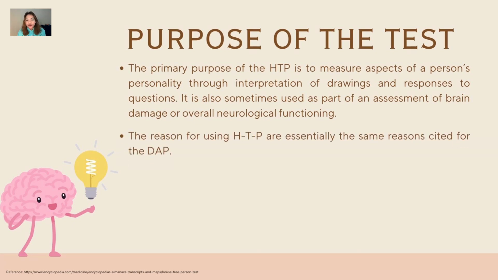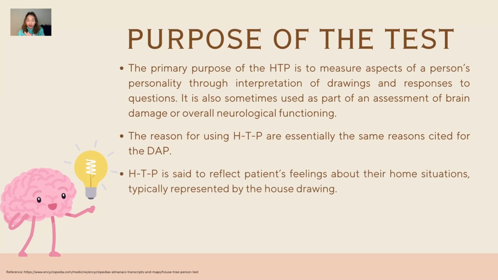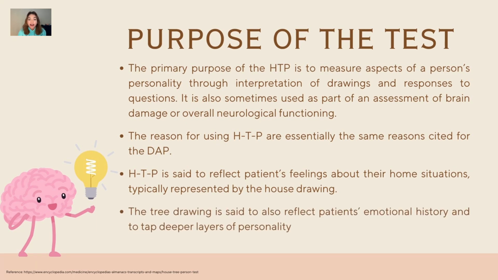The reasons for using the HTP are essentially the same reasons cited for the Draw a Person test that was discussed by Spencer. The HTP is said to reflect patients' feelings about their home situation, typically represented by the house drawing, and the tree drawing is said to reflect patients' emotional history and tap a deeper layer of personality.